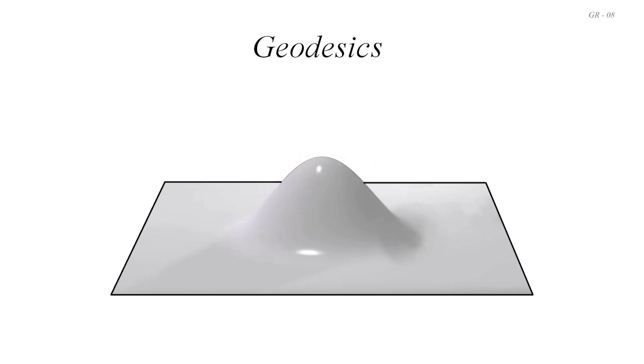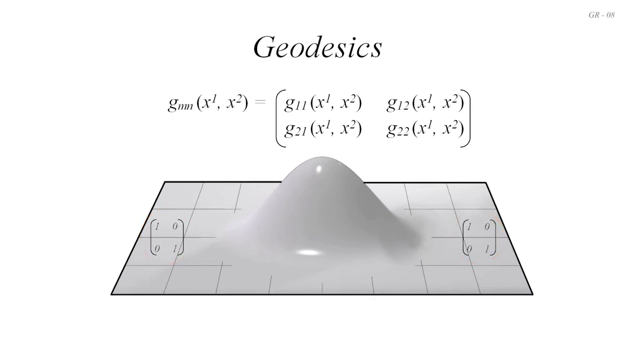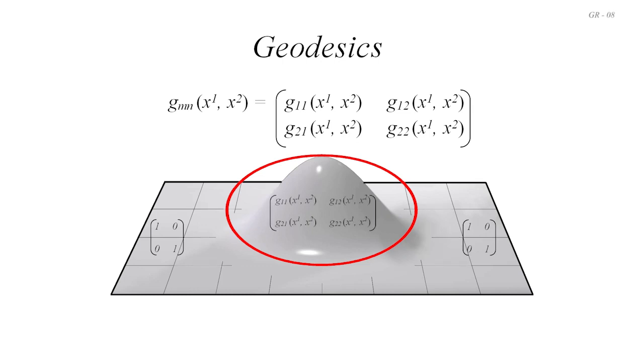In order to cover both these aspects of the space, then in a very general way we could write the whole metric tensor like this, where each of the 4 components is a function of x1 and x2. For some parts of the space which are flat, this could of course be equal to the identity matrix 1, 0, 0, 1, but not near the stretched area. In this region, it would have to be this complicated function of x1 and x2.